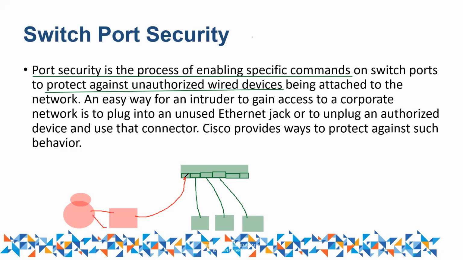But this is not good. Why is this not good? It's our network. If this person connects to our network, they can spread any type of malicious code, or they can do anything harmful to our network. So we must protect our network from this person.